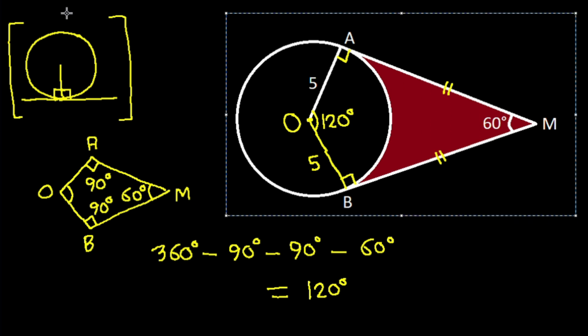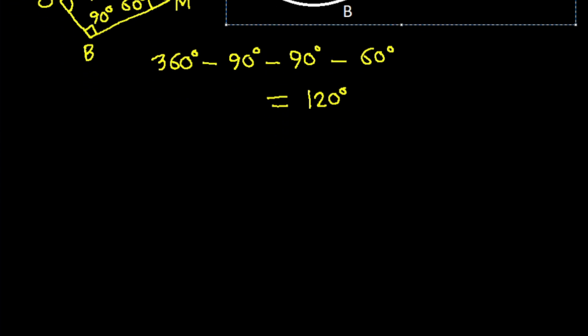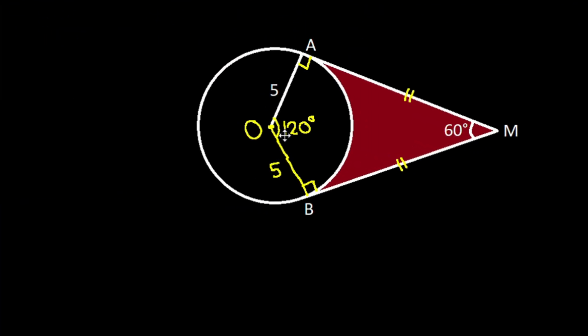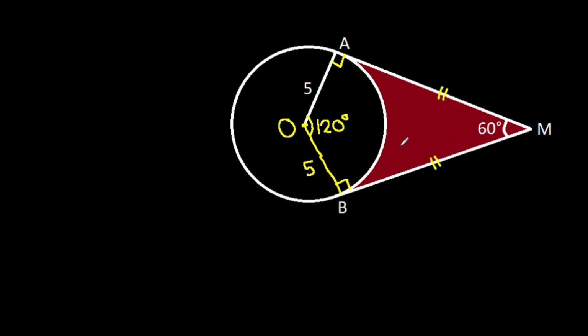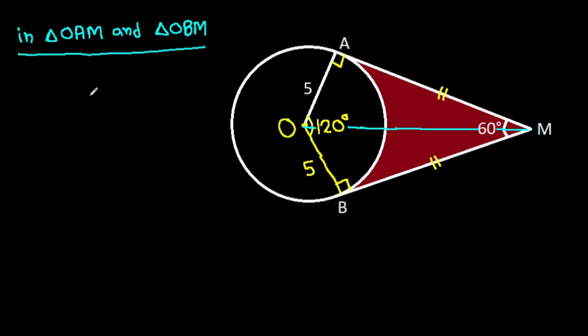and now if we join OM, then in triangle OAM and triangle OBM, we have OA is equal to OB, AM is equal to BM, and OM is common.